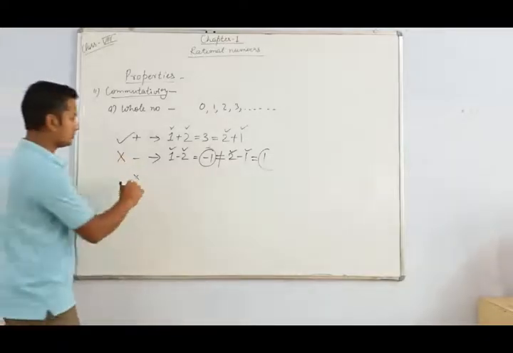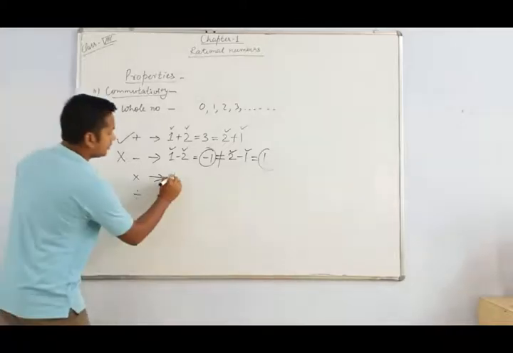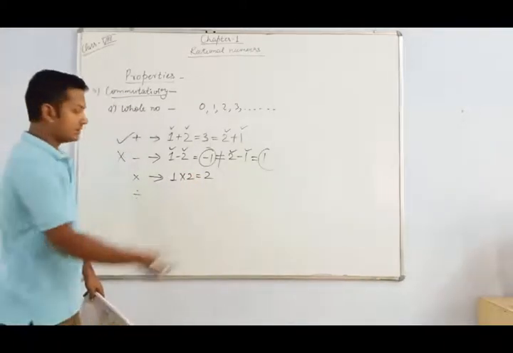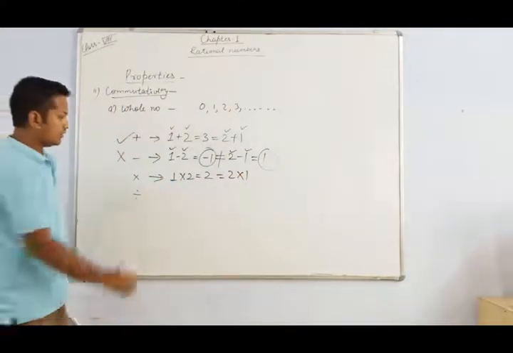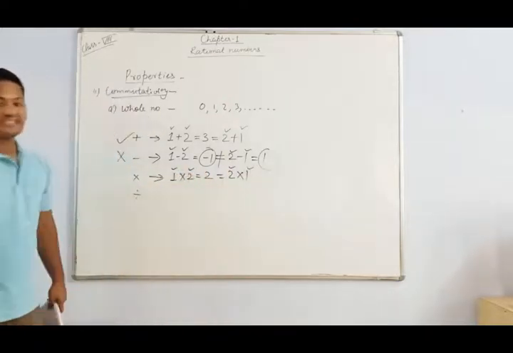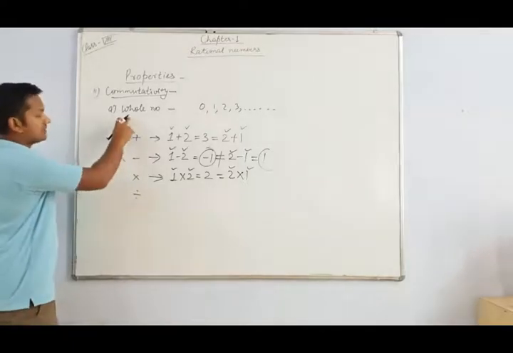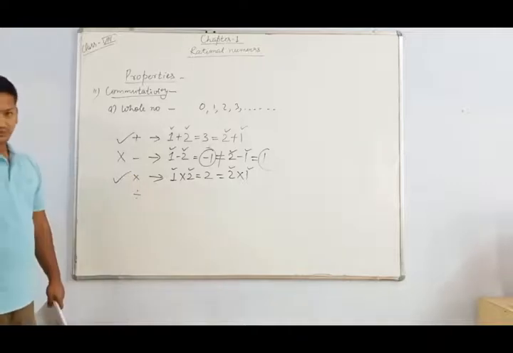Okay student, now the third, the operation of multiplication. The multiplication of 1 into 2 will give us 2. The same result we will get if we multiply 2 by 1. That means we have interchanged the places of the numbers, but we got the same result. So we can say that whole numbers commute under the operation of multiplication.